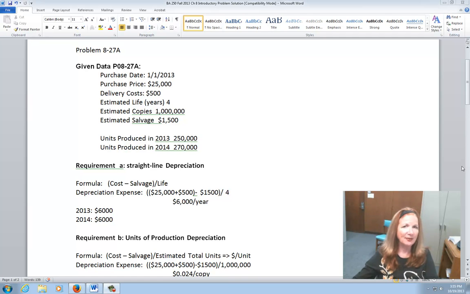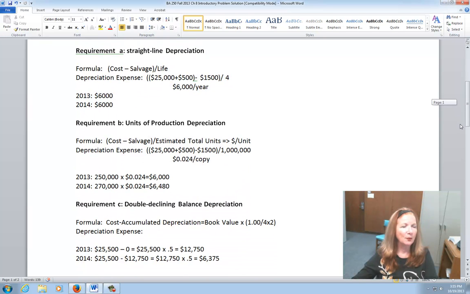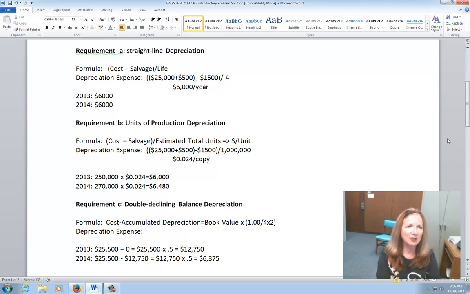The first method presented here is requirement A, straight line depreciation. The formula for straight line depreciation is cost minus salvage divided by life. So the depreciation expense would be 25,000 plus 500 minus 1,500 divided by 4.